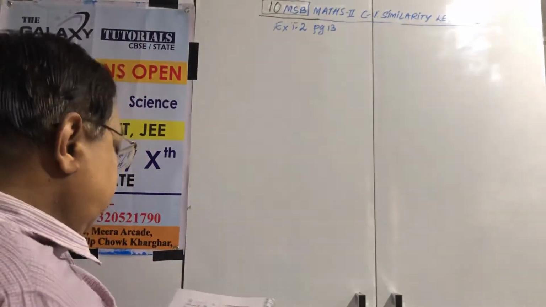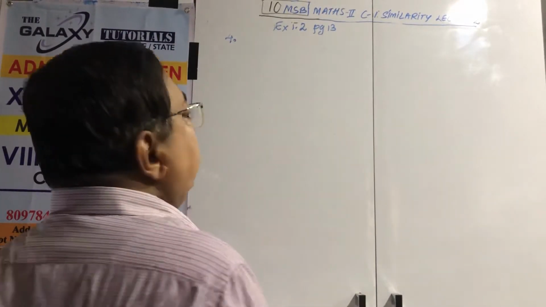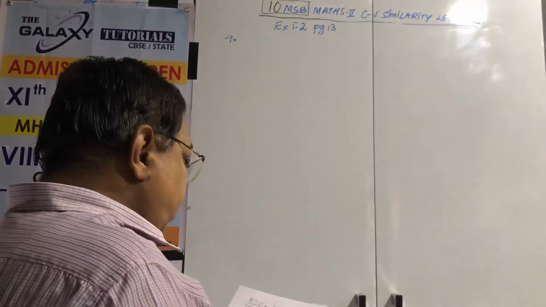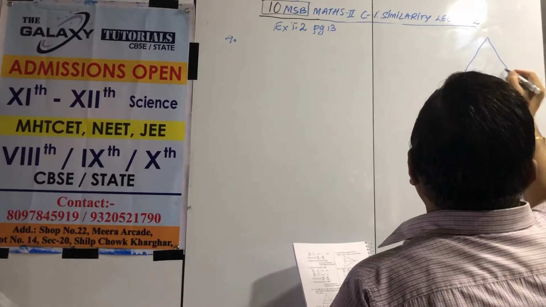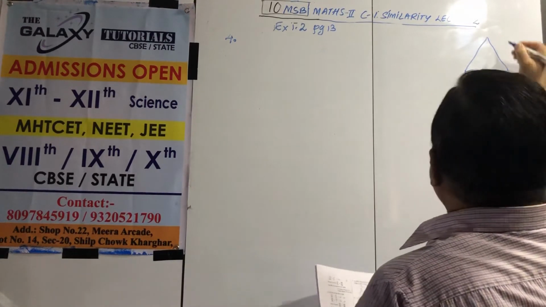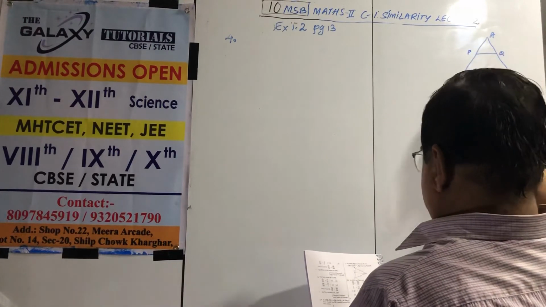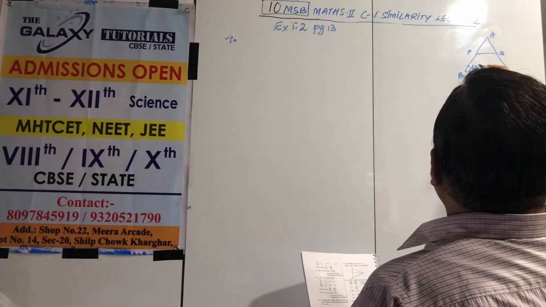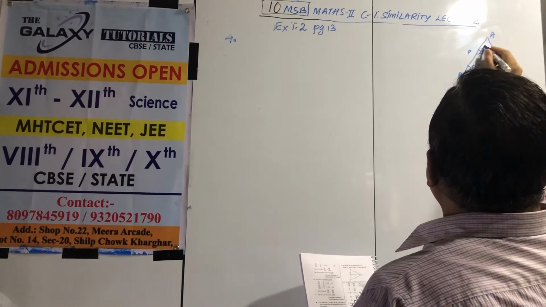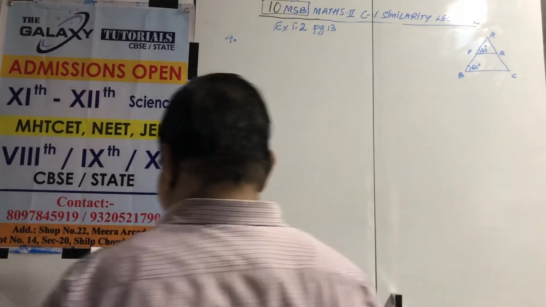We will move to sum number 4. The diagram looks like this: I have A, P, Q, B, C. I have 60 degrees, 60 degrees. Measures of some angles in the figure are given.